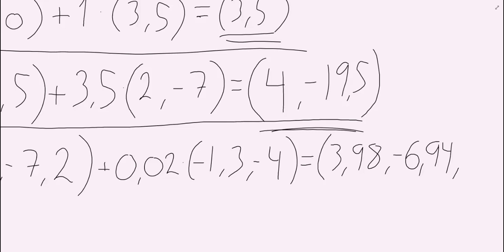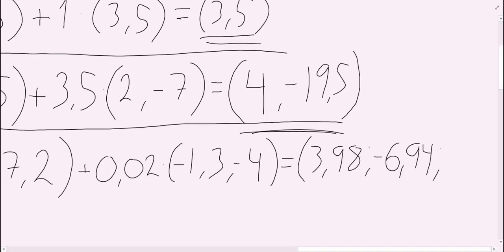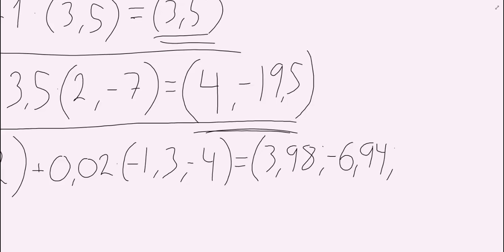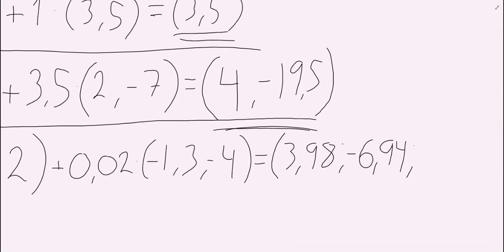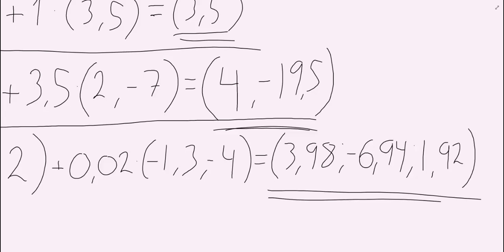And finally, 0.02 times minus 4 is minus 0.08. So the final coordinate here, our z coordinate, will be 1.92. So that's our final result.